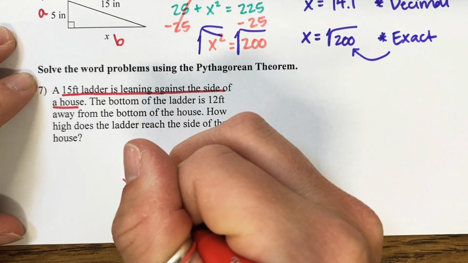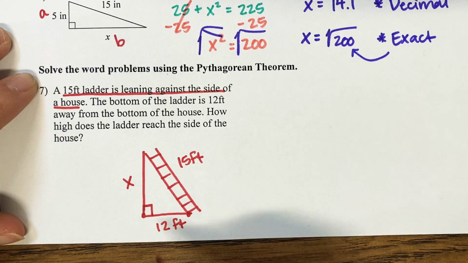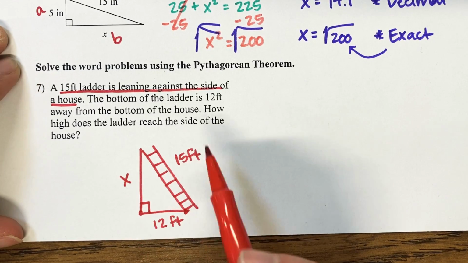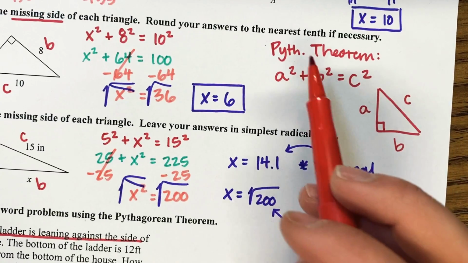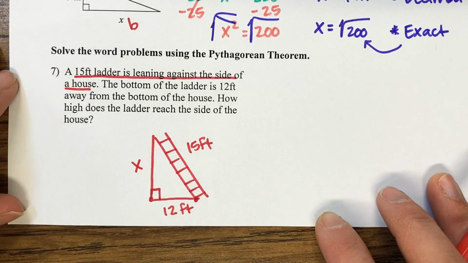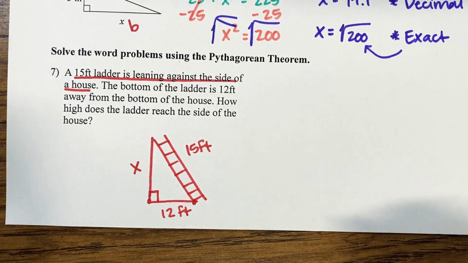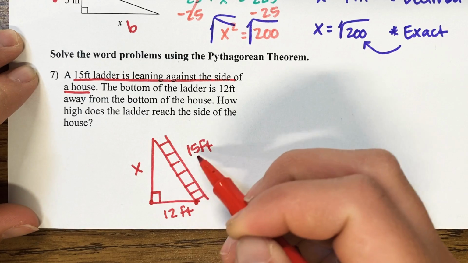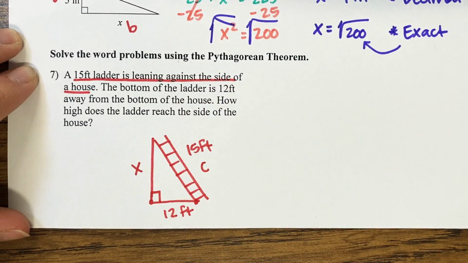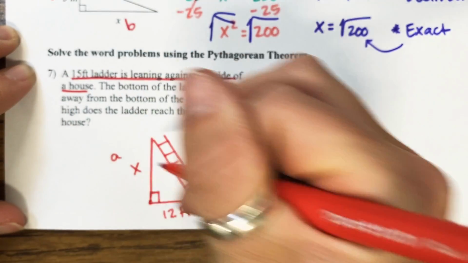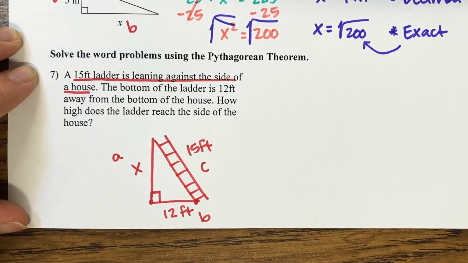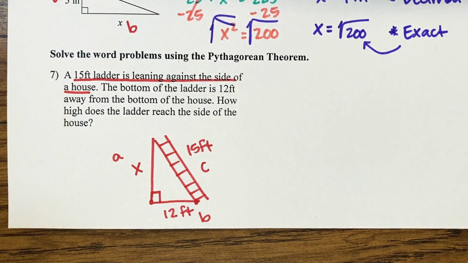Okay, so we just created a right triangle. Now all we have to do is identify A, B, and C in order to plug it into our Pythagorean theorem to solve. Okay, so for number 7, I can see that my C is 15 because that's across from my right angle. And I'm going to make X my A and 12 my B. Okay, so now I can go ahead and plug it into my Pythagorean theorem.